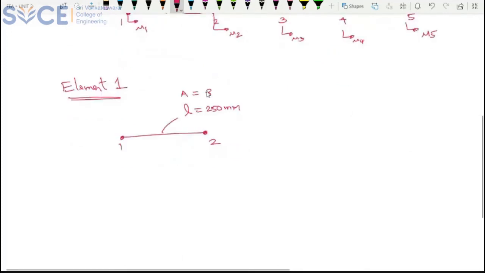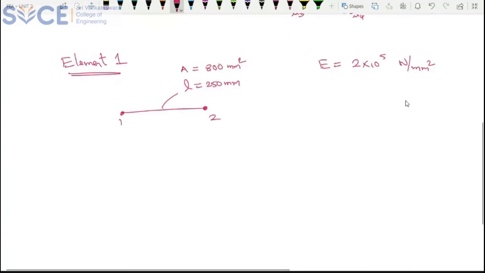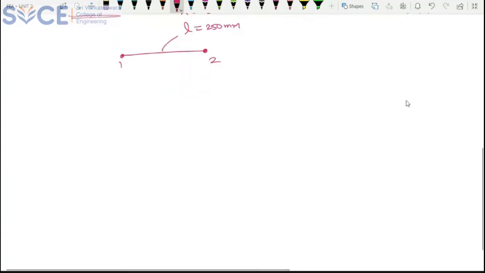Young's modulus is the same, 2 into 10 power 5 Newton per mm square, which is 200 gigapascal. I'm converting to Newton per mm square, so 200 gigapascal is 2 into 10 power 5 Newton per mm square. Now you know the formula for this.